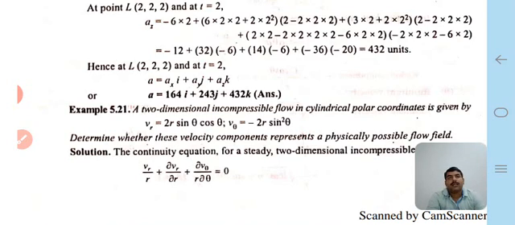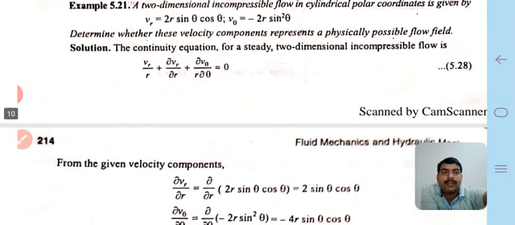Now the last question is about a two-dimensional flow based on the polar coordinates of fluids, the continuity equation in polar coordinates.